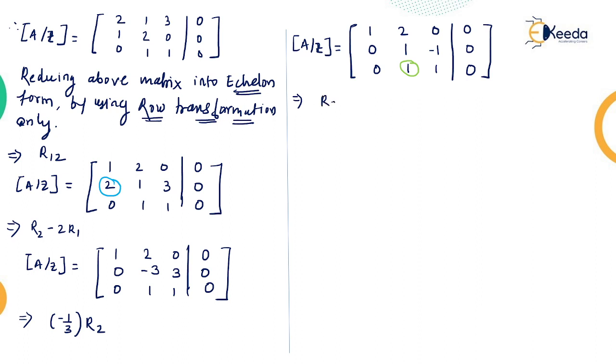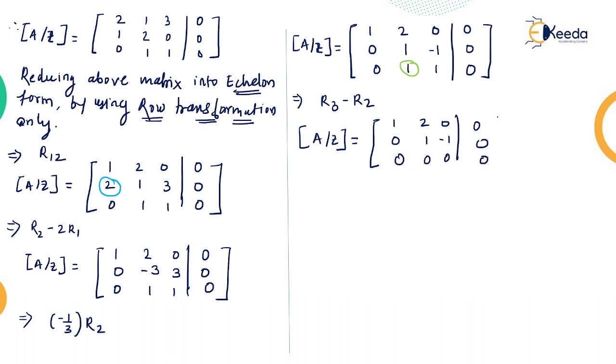So this augmented matrix AZ can be written as 1 2 0 and 0, with nothing changed in rows R1 and R2, then 0 1 minus 1 and 0, and lastly 0 0 0, all the row's elements are 0.